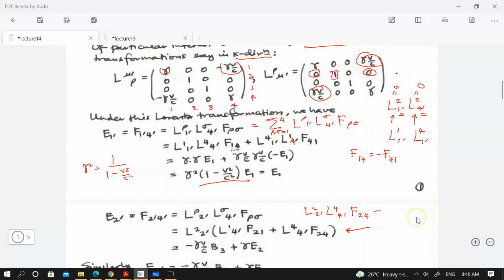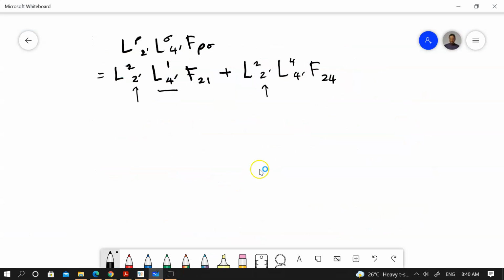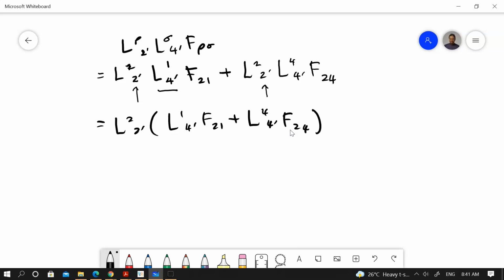Okay, so that settles that. So if you look back over here, you'll find that your L22 dash is a common factor. So you just have that plus L44 dash. Okay, so that settles that problem. So now we have to find out what F21 and F24 are.